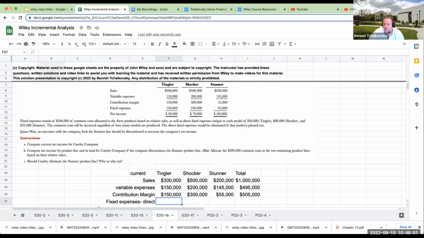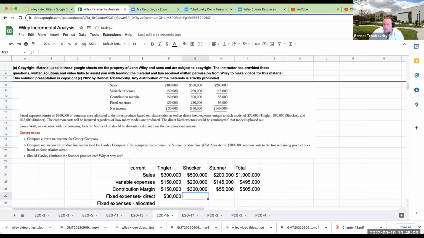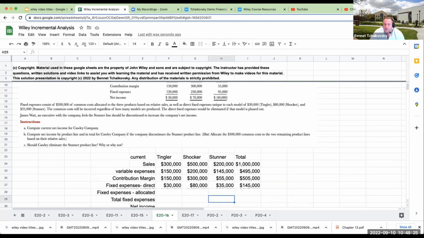So the direct fixed expenses: 30,000 Tingler, 80,000 Shocker, and 35,000 Stunner. So my total direct fixed expenses are going to be 145. Now, there's a couple different ways I could go from here. I could say that if my total fixed expenses are 120, the allocated must be 90, but we're going to do it a little bit differently.